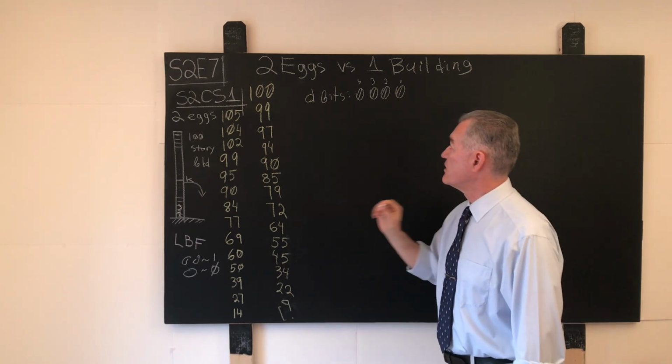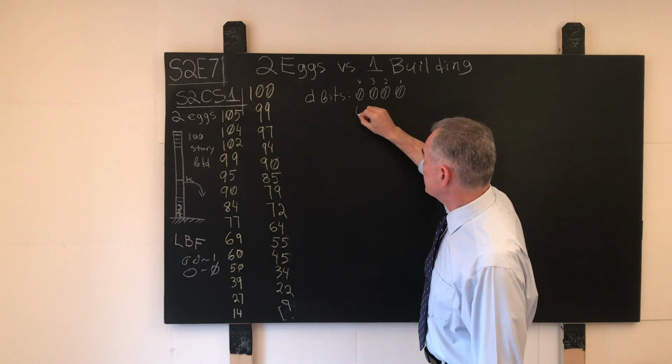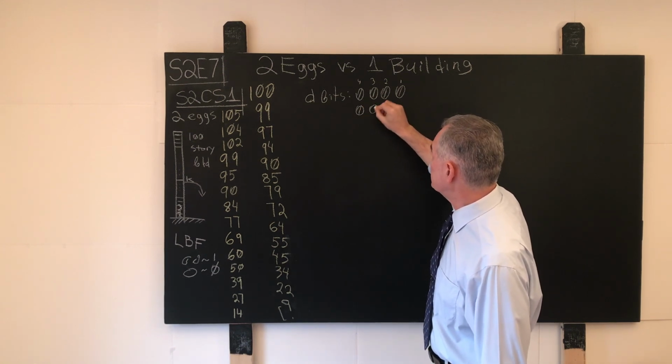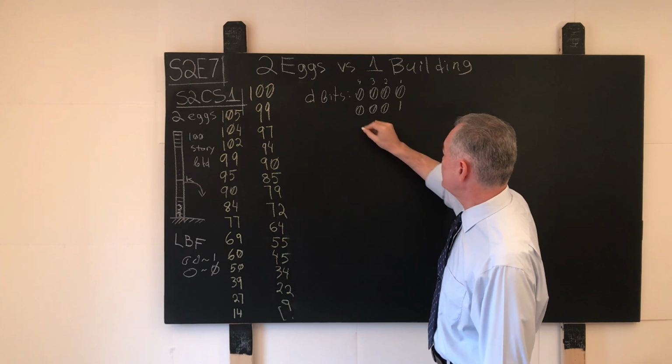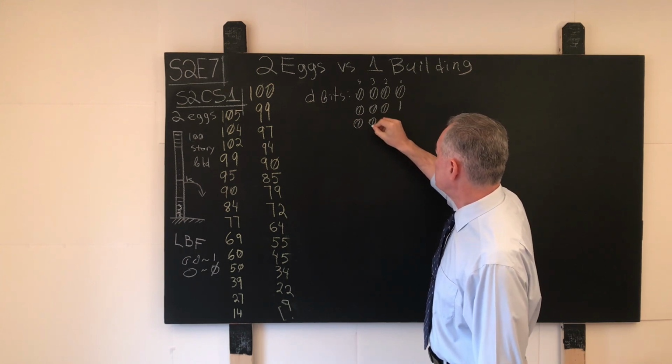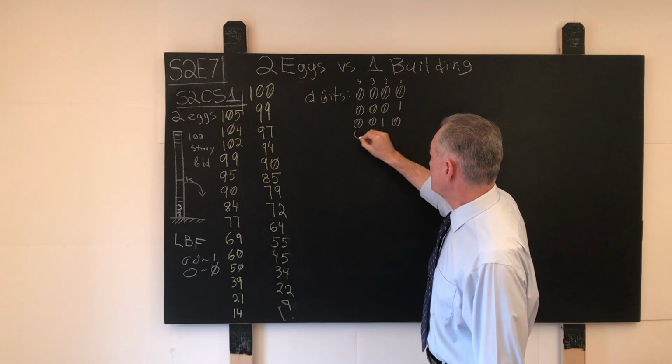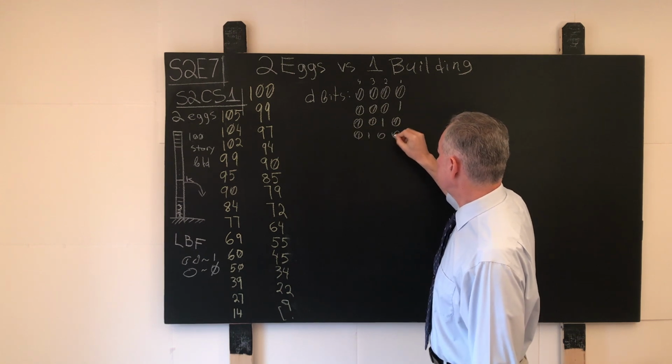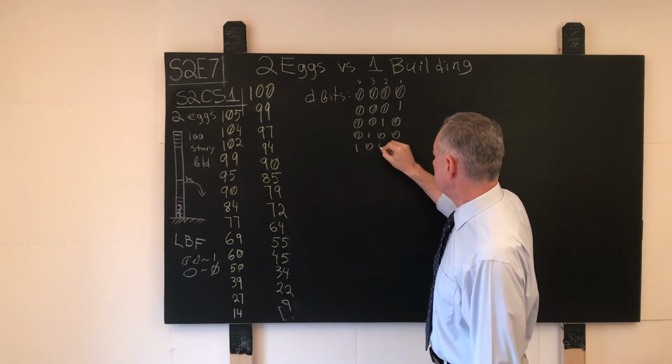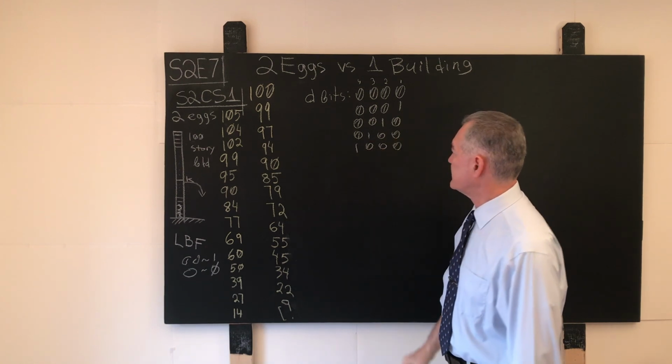And for example, this can be done how? Well, it can be recorded as 0001, 0010, 0100, and 1000, like so.